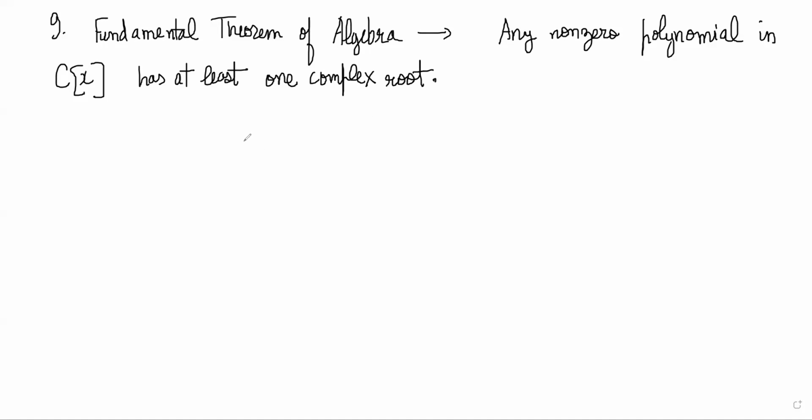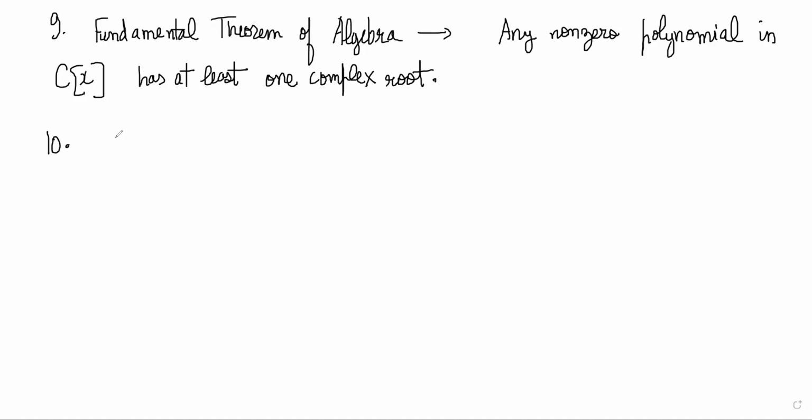It is from here that everything flows, because if it has at least one complex root, say alpha, you can factorize x minus alpha, and then you get a new polynomial with complex coefficients. After dividing f of x by x minus alpha, you'll get a new g of x with degree n minus 1. And you apply FTA, the fundamental theorem of algebra, again to that polynomial, and you should get a beta now, x minus beta out. Similarly, you can extend this process repeatedly n times till you get n linear factors, right?